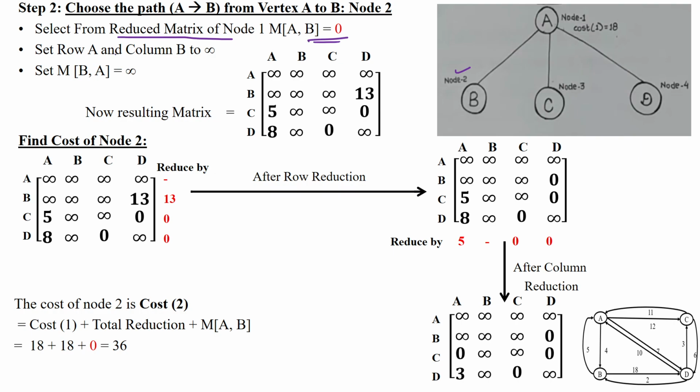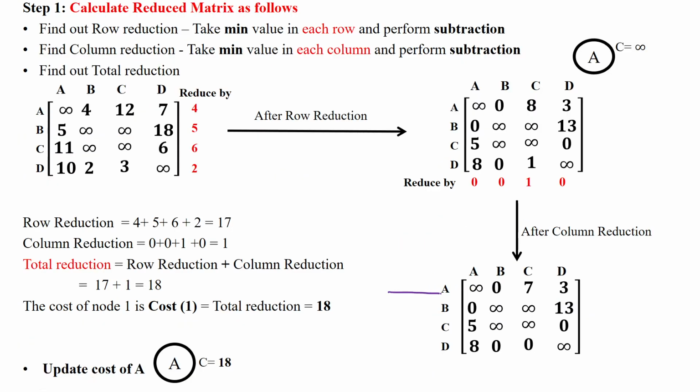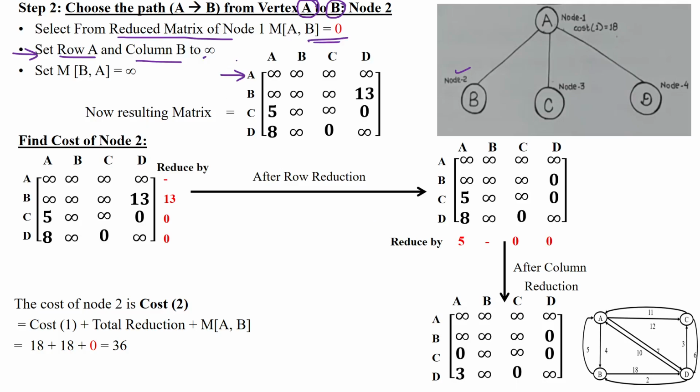Then we have to perform the operation on row A, column B. This is vertex A and vertex B. The entire row A should be made infinity, so this is row A. Earlier the structure was this one, so the entire row should be made infinity, and for B, the entire column should be made infinity. So this is made infinity, and this column is also made infinity.